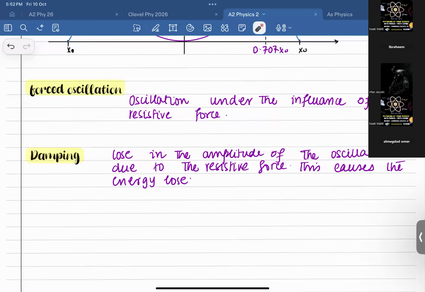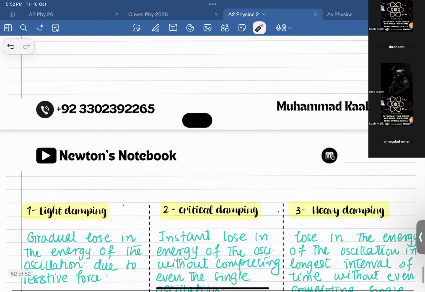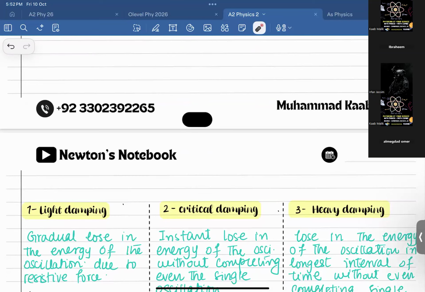Now we also know that damping causes loss in energy, and we know that damping will be there in every type of system. You cannot make a system with no damping in it. This is approximately not possible, but some electronic systems can be like that.